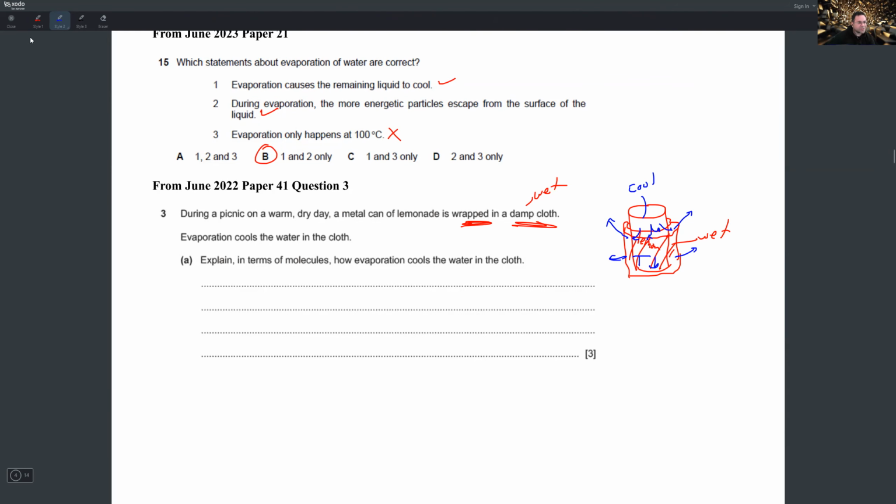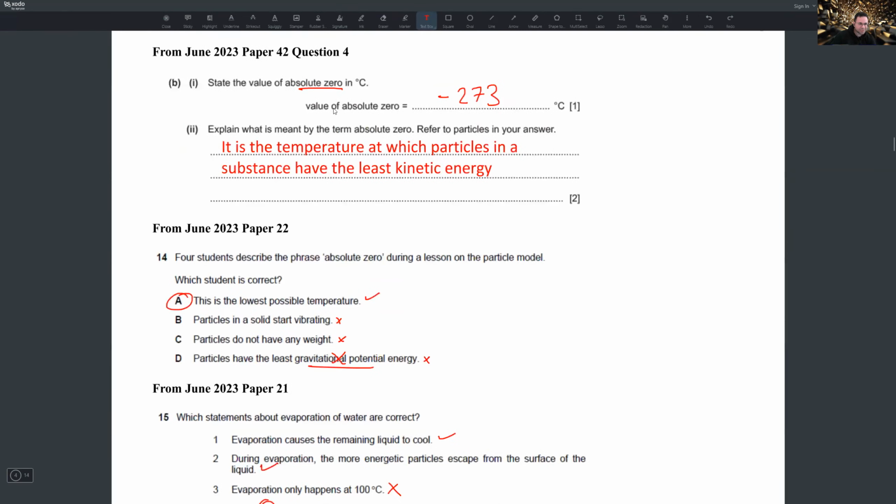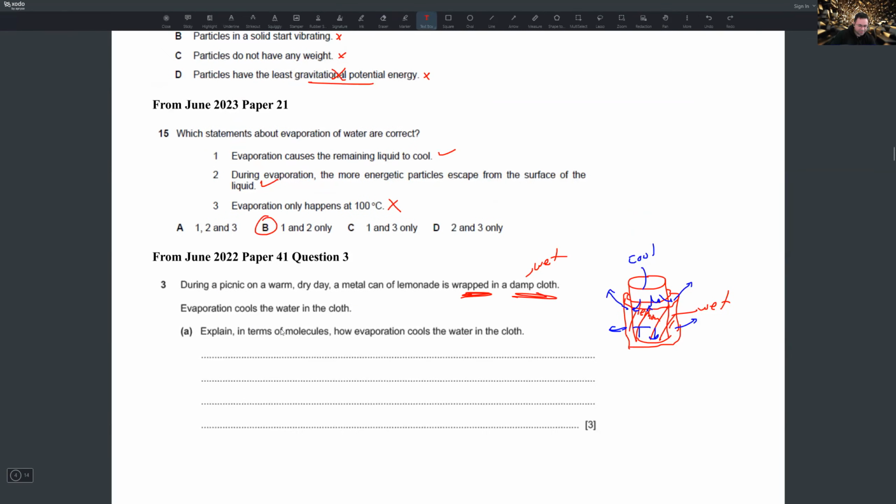The question says explain in terms of molecules. It doesn't matter if you use the word molecules or particles, it's the same thing. Explain in terms of molecules how evaporation cools the water in the cloth. What do we tell him?